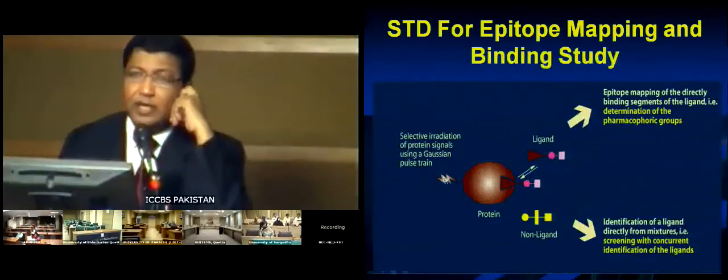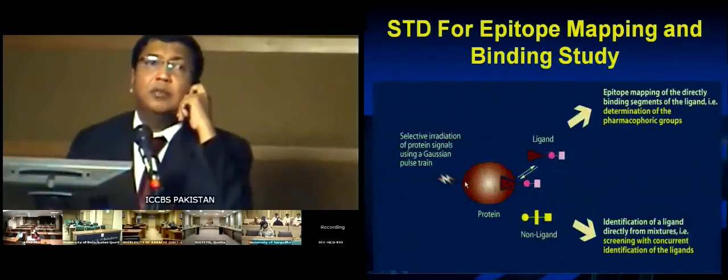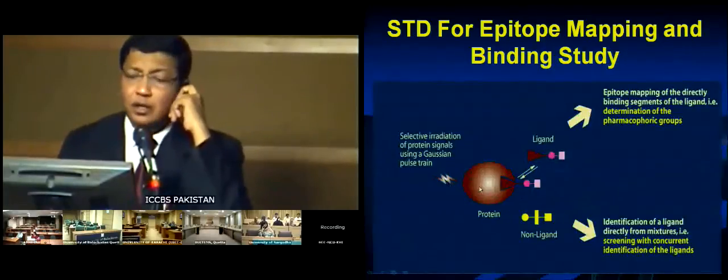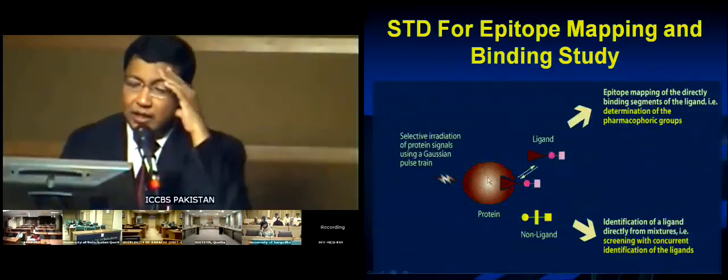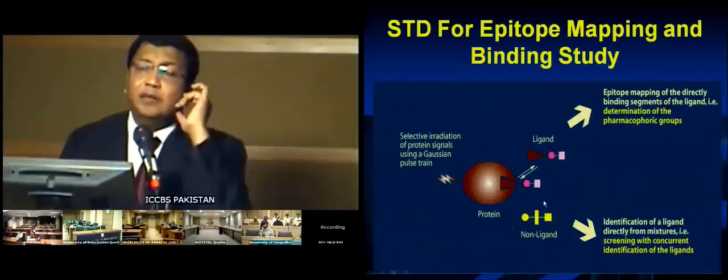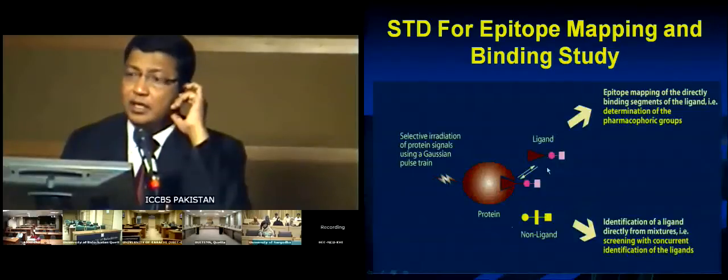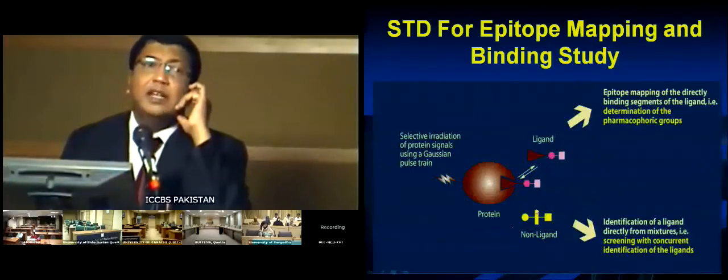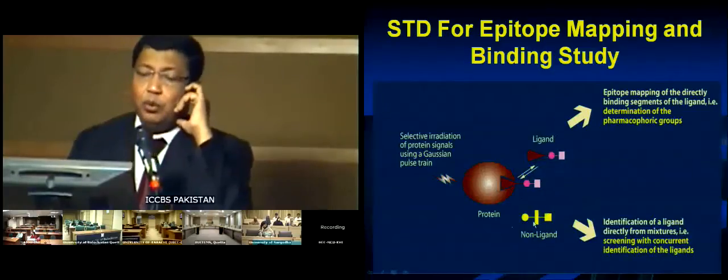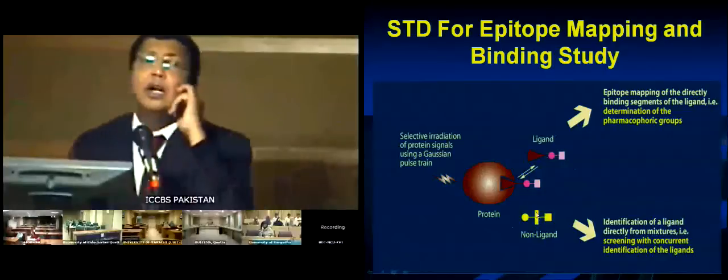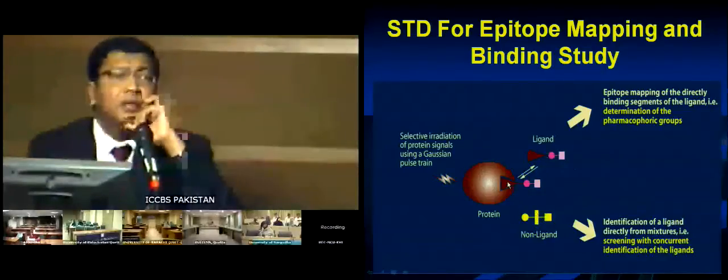So you give radio frequency pre-saturation fixed on certain protons of the protein, right? Now, there are two different candidates for the active site. This is one candidate and this is the second candidate. You put them together along with the protein.